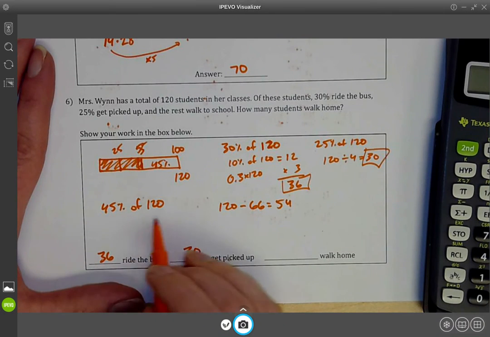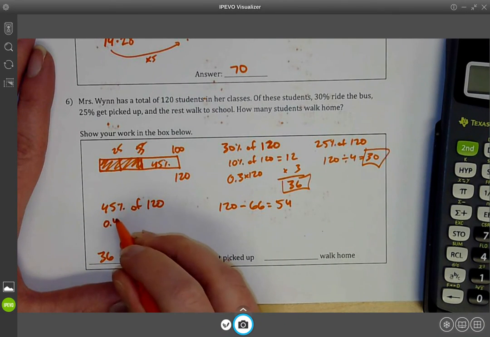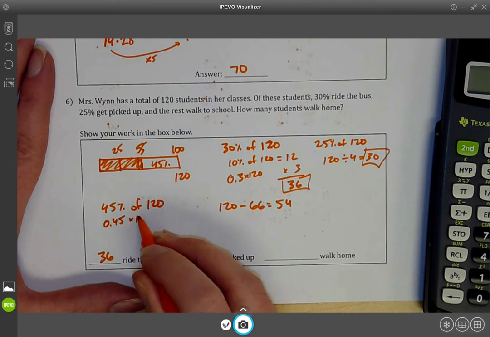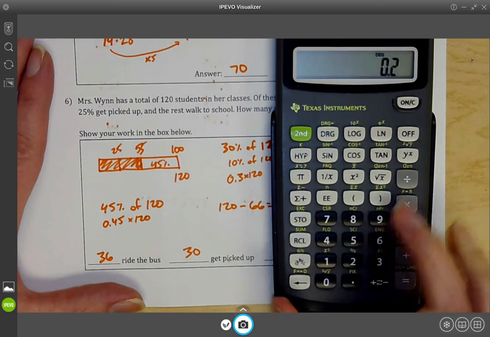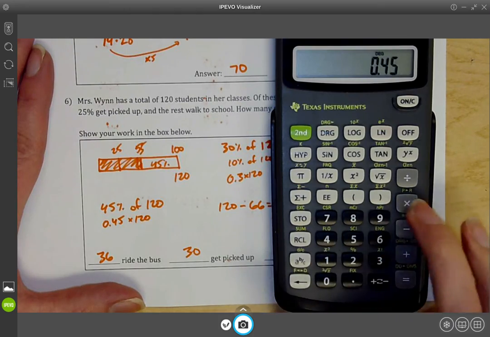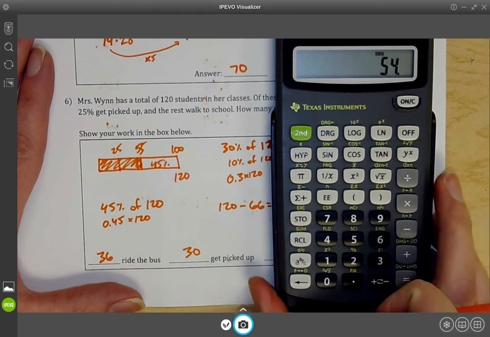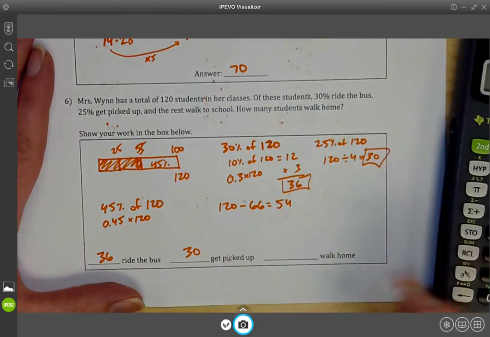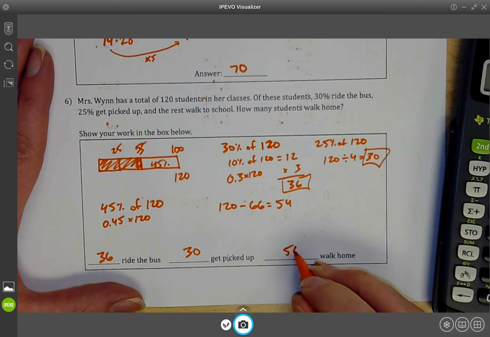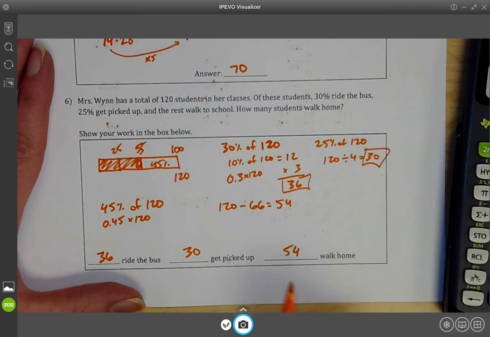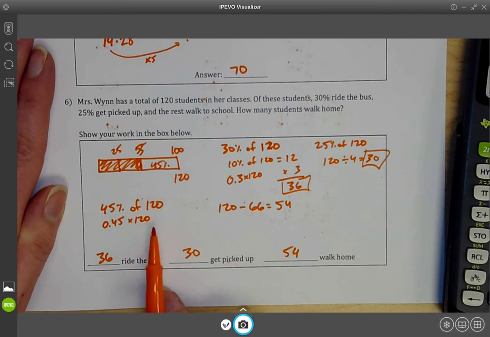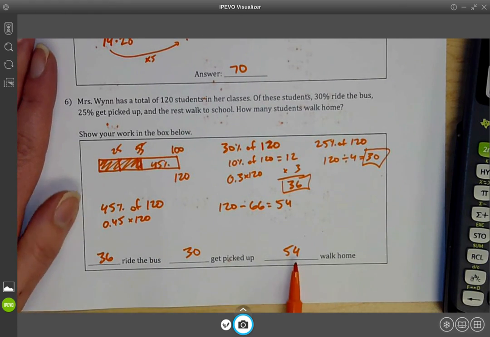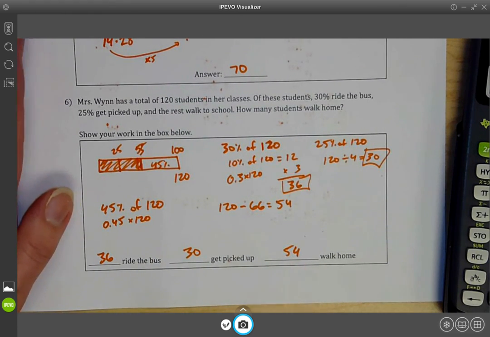If I'm finding 45% of 120 in my calculator, I could do 0.25 times 120. Did I say 25? 0.45 times 120 to get 54. So two different avenues to get there, whether I'm subtracting from 120 or I'm finding the percent that's left over out of 120. So the number of students that walk home is 54 students.